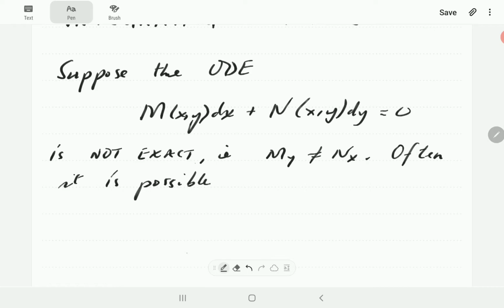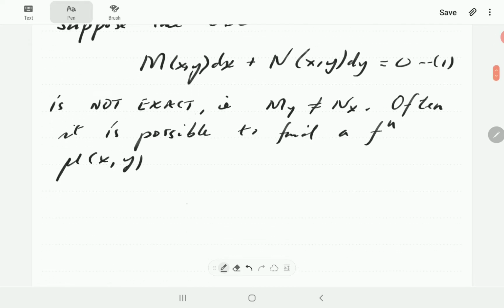It is possible to find a function of x and y, mu, and this function is such that if we multiply this ODE, let's call it 1, then the resulting ODE is exact.